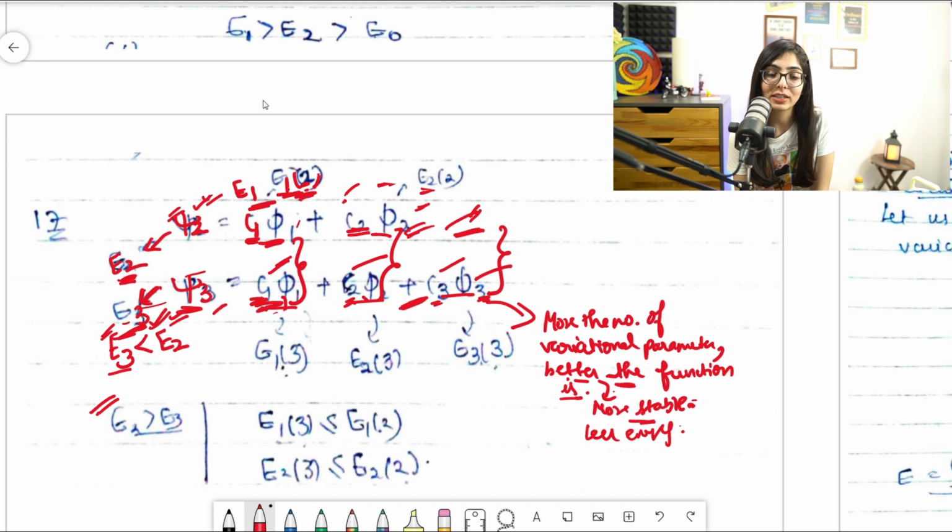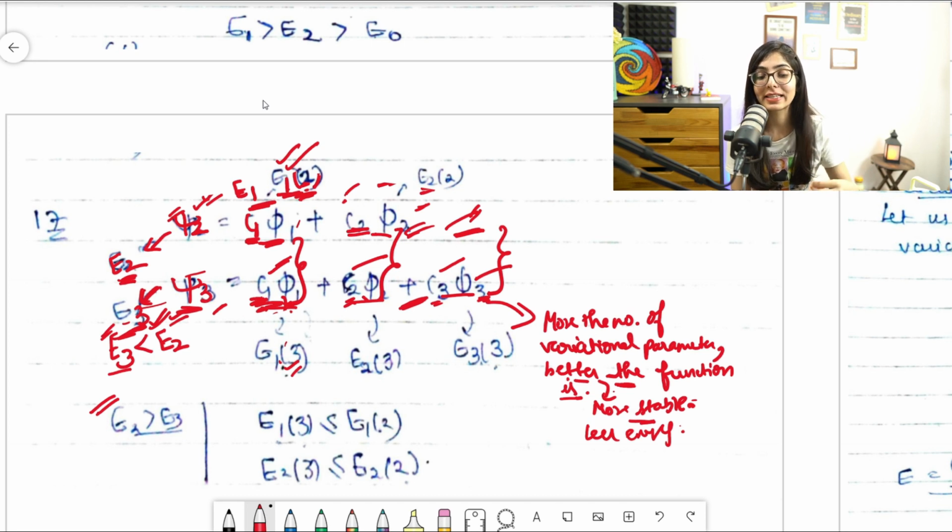Let's compare the constituent parts. If I take the E1 of the second trial wave function and the E1 of the third trial wave function, which one will have less energy?